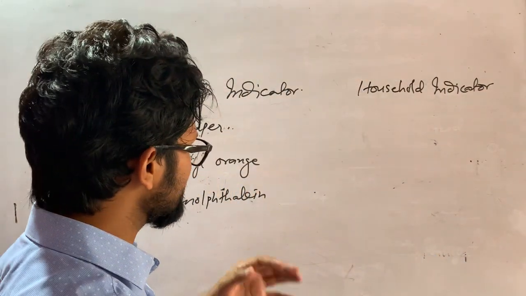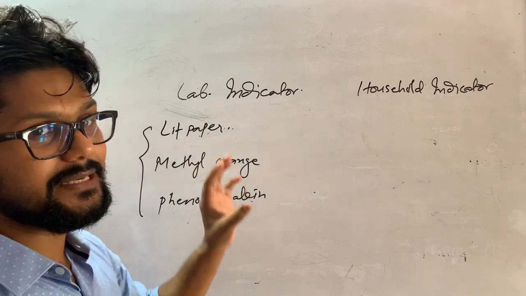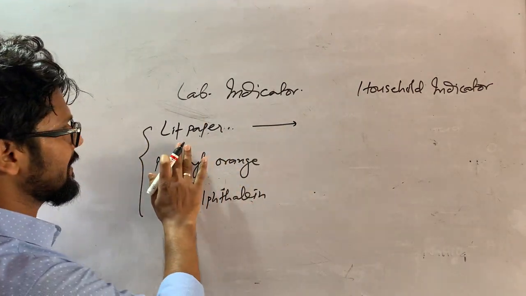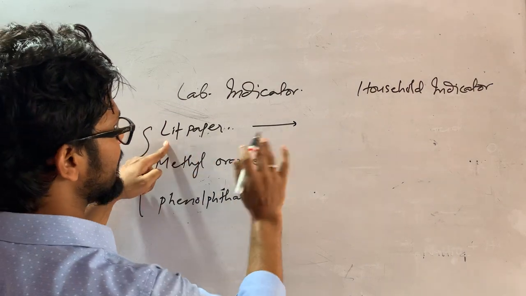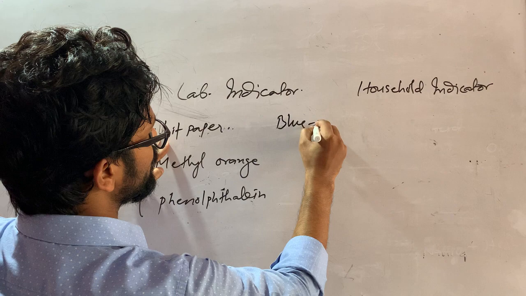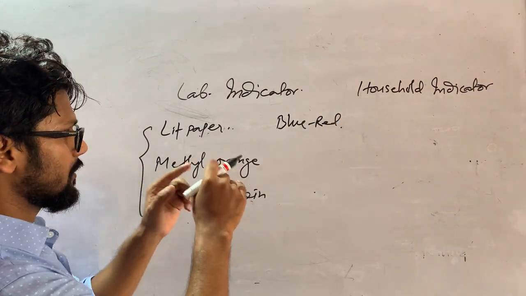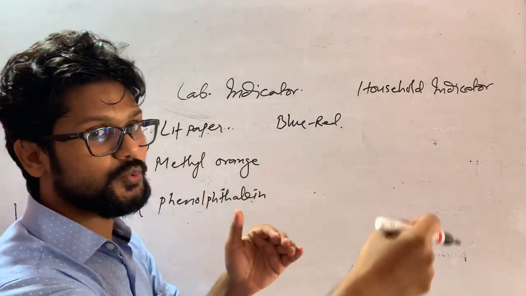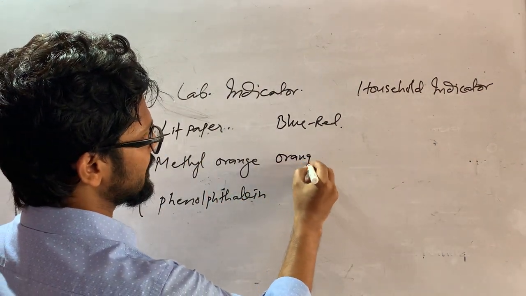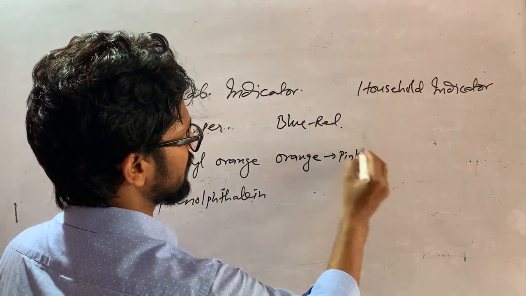Now we'll see what are the effects of acids on these indicators. When acid is added on the litmus paper, then litmus paper will turn from blue to red. You must remember. And when methyl orange is added to acid solution, its orange color will change into pink.